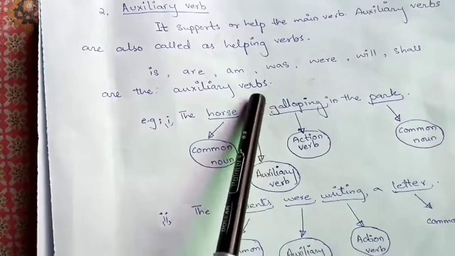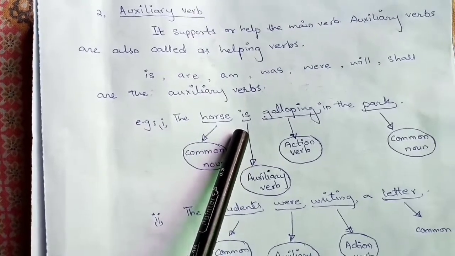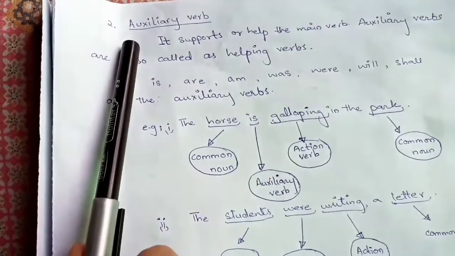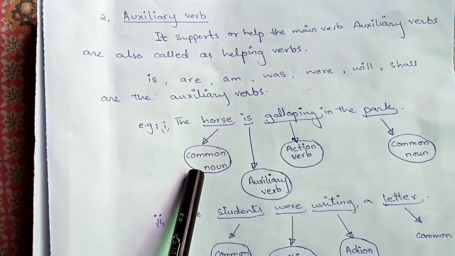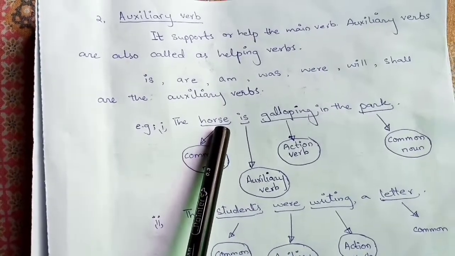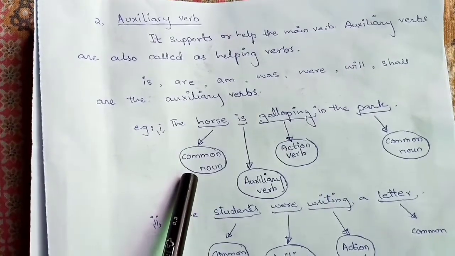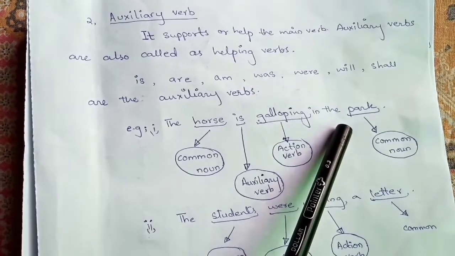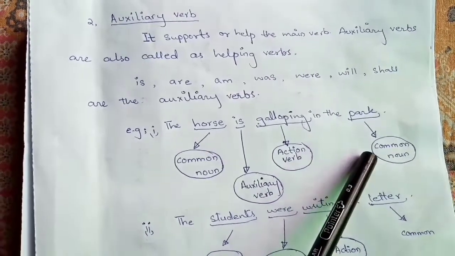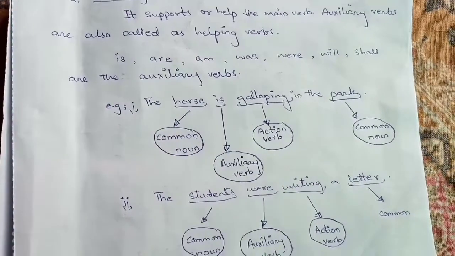So is present in this sentence. So this is the supporting word, or you can say the helping verb or the auxiliary verb. Horse is a common noun because the particular name of the horse is not mentioned. Park is also a common noun because the name of the park is not mentioned over here.